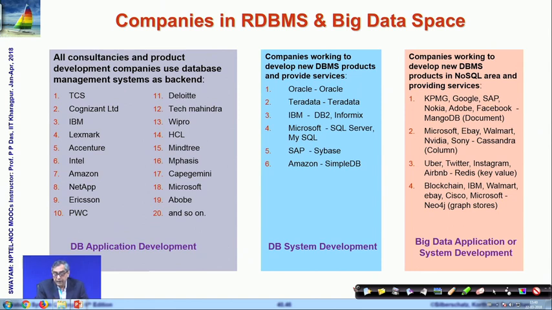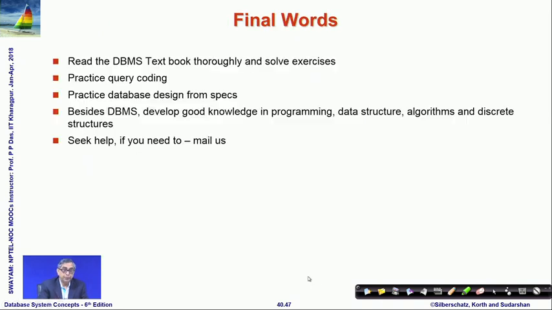You can see that all the new generation companies, the companies working on products for the next 10, 15 years, are in this space. So, there are a whole lot of opportunities for you all. If you prepare a little hard, the job will run after you, you will not have to run after the job. So, with that I conclude this course.